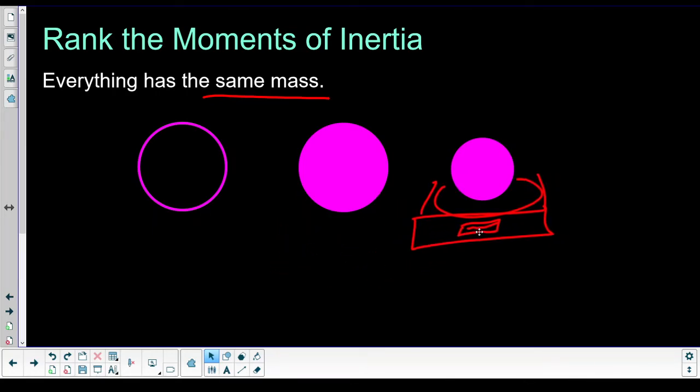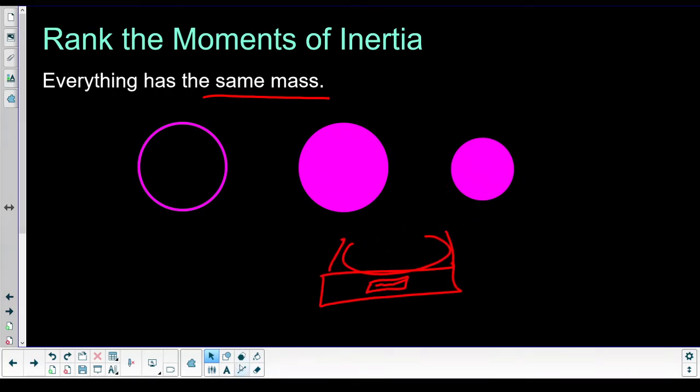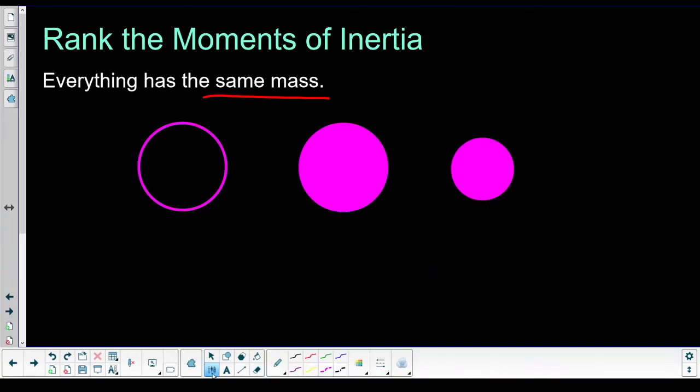And then we put this thing on the scale and measure it, and it says the same amount. So they all weigh the same amount. They feel the same strength of gravity, but they're a little bit different shape. They might be different material. It's not super important. All we care about is the mass. Okay. We want to know which one has the biggest moment of inertia and which one has the smallest moment of inertia.